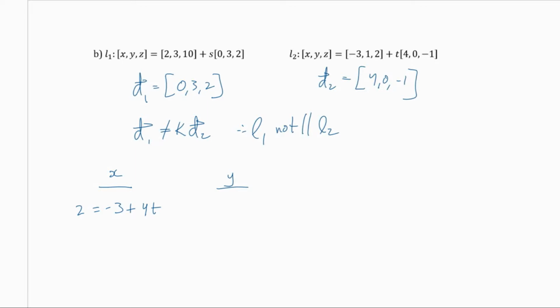And then for this one, I've got 3 plus 3s equals 1 plus 0t. So again, that's just equals 1. And then my z is 10 plus 2s equals 2 minus t. Okay, so I've got equation 1, 2, and 3.